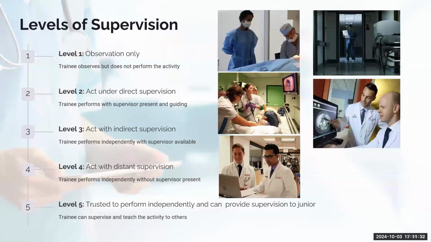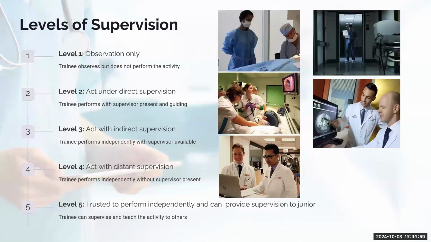You could entrust someone to observe only. It could be an intern in their first week, where you trust them to observe but not perform the activities. There could be level 2, where they act under direct supervision. For some senior residents, they could act with indirect supervision.